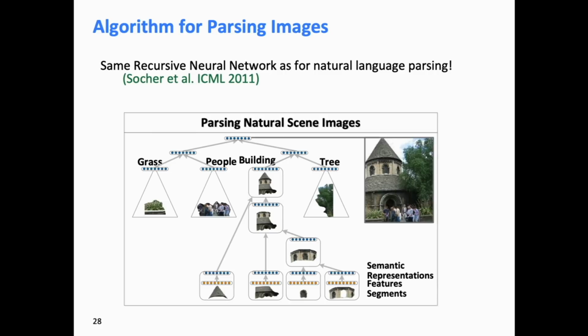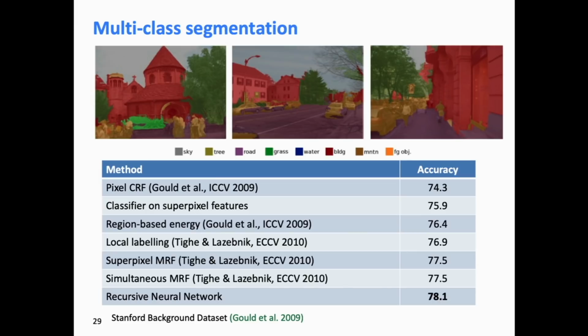In particular, there was a data set being used for multi-class segmentation in vision, where you started off with very small patches and then wanted to combine them into parts of a scene, recognizing which part of the picture was the building, the sky, the road, various other classes. And we were actually at the time able to do this really rather well using one of these tree recursive structured neural networks, better than preceding work in vision had done in the late 2000s decade.